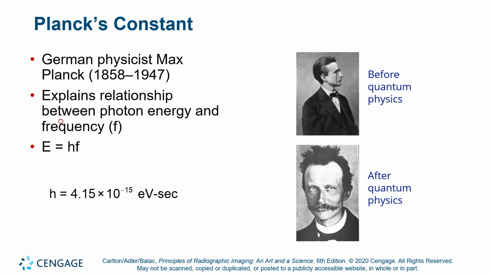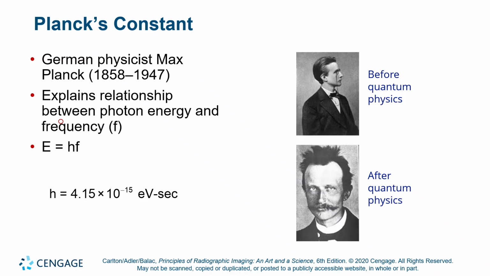And what he found is light photons travel in discrete packets of energy, and there were gaps. It wasn't a continuum of energy. It was finite quantities of energy. And so he published this as the equation E equals hf, which is the Planck equation for electromagnetic waves.